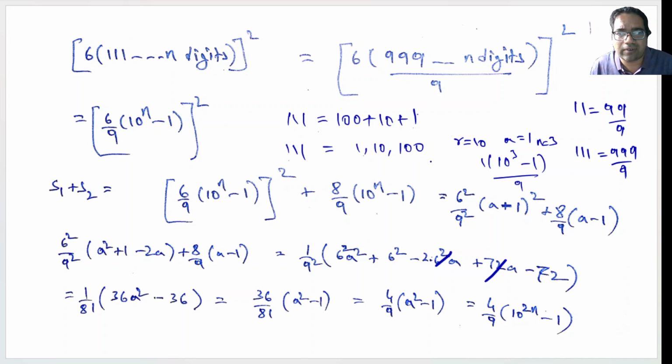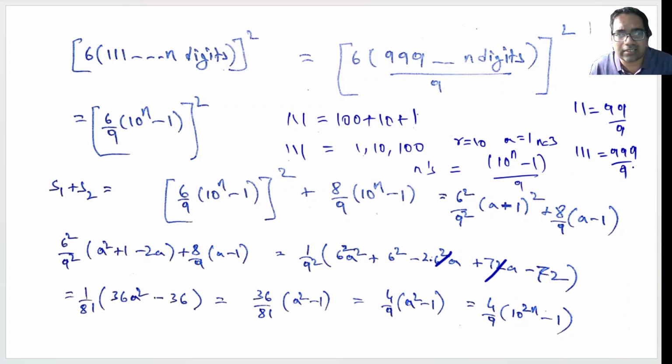This is when we need three ones. Similarly, if we need n ones, then it will become 10 power n minus 1 by 9. This is the second way of looking at it.